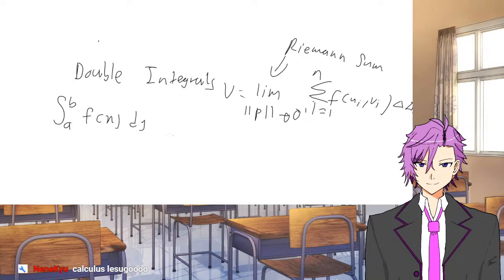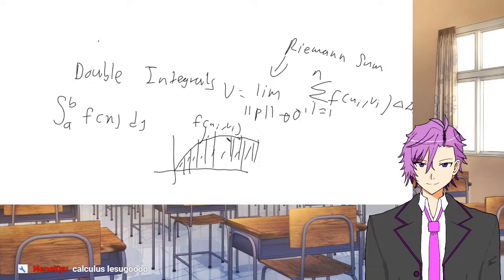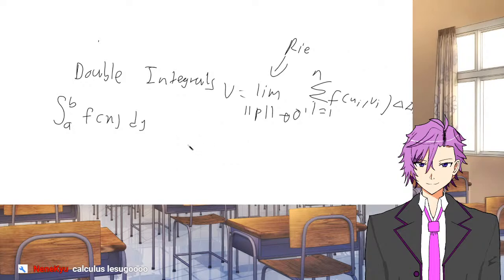If you try to make some sort of region here with a function, let's just say this is f of u_i, v_i, and then there will be these parts where you have to integrate this one by one and add all of them together until infinity. That means you'll get the area at the bottom of this curve.